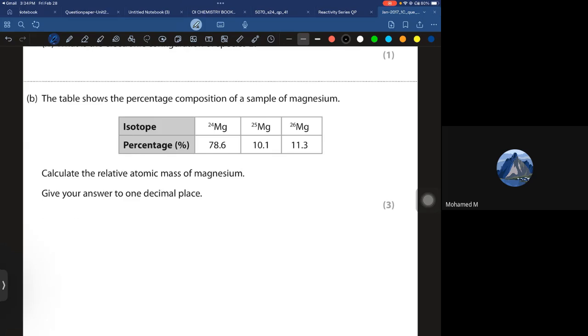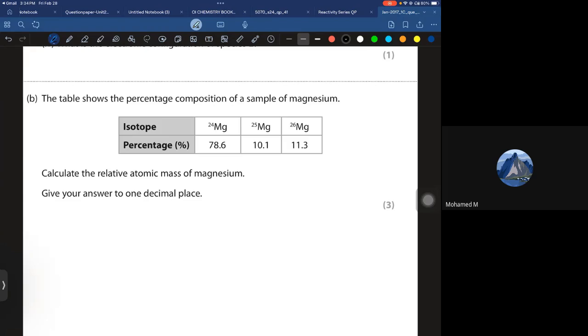Yes. So 78.6 plus 10.1 plus 11.3. It's 100.